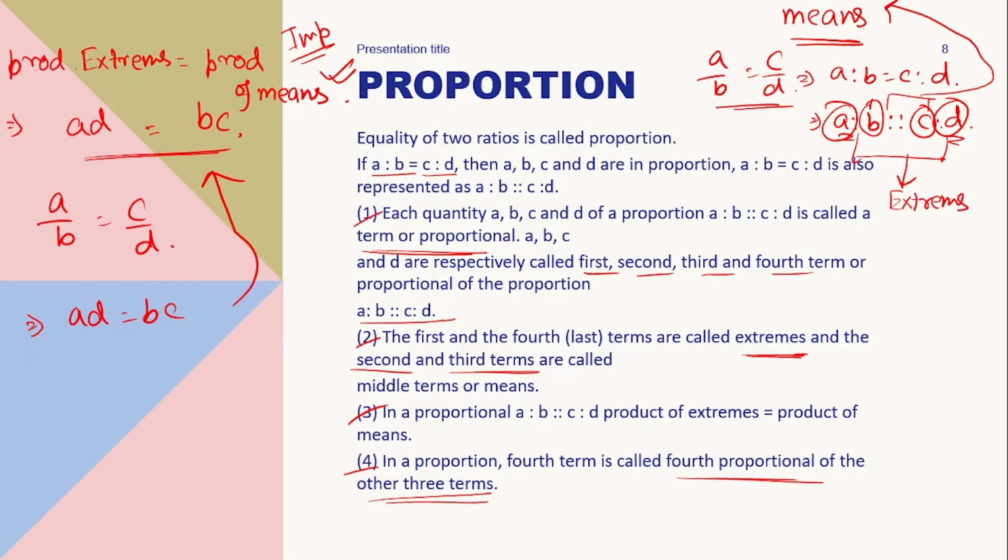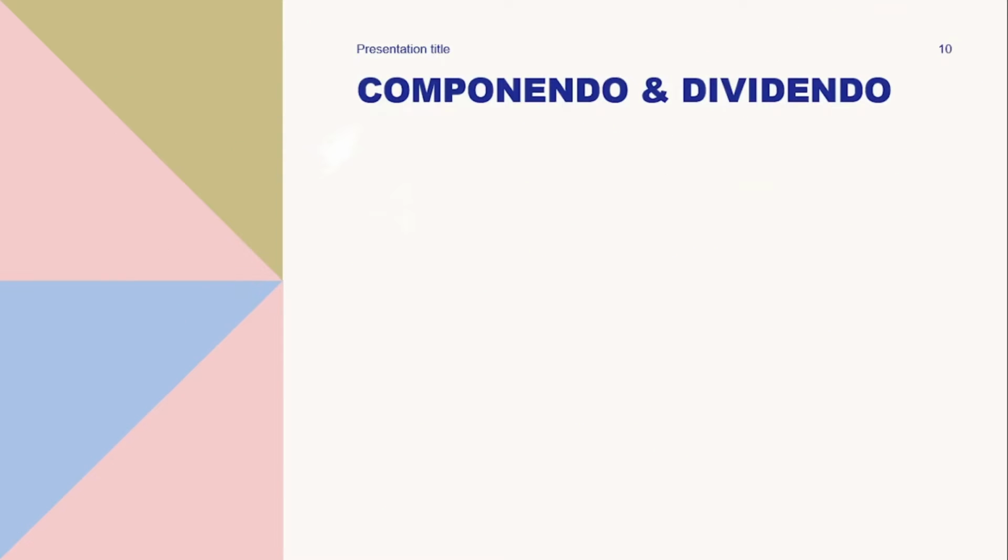Okay, let's go to the other part, that is componendo and dividendo, the most important topics of today's lecture. Be very careful and concentrate on this part. In the previous slides you have got that a by b equals c by d, and from the properties of ratio and proportionality, I can add, subtract, multiply or divide and it will remain a ratio or proportionality.